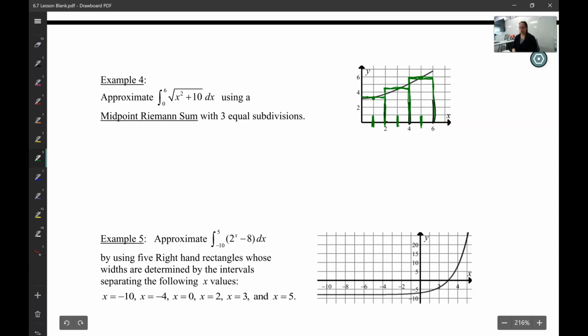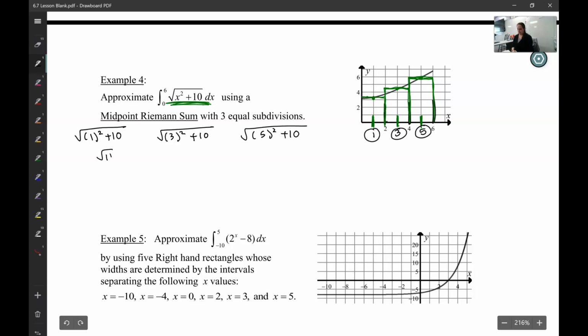Now this one, we're not going to approximate those heights because it gives us an equation. So if I plug 1, 3, and 5 into this equation, that's going to give me the height that this box should be at. So 1 squared plus 10, 3 squared plus 10, 5 squared plus 10.